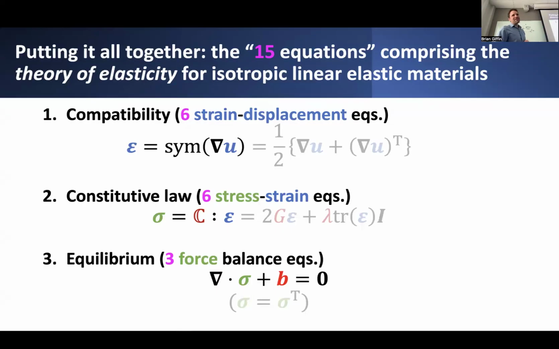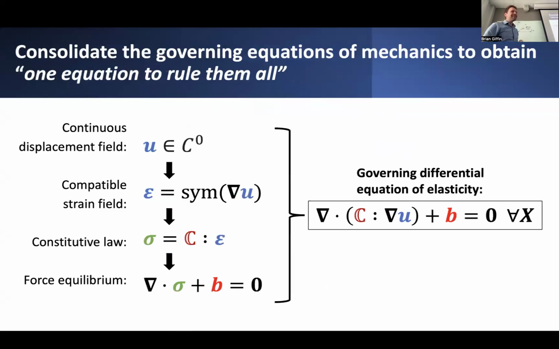But as I mentioned, not all of these quantities are independently defined. We have a direct relationship between displacement and strain, and a relationship between strain and stress. So really, if we wanted to, we could combine them all into one glorious single governing differential equation, one equation to rule them all, and in the darkness bind them.